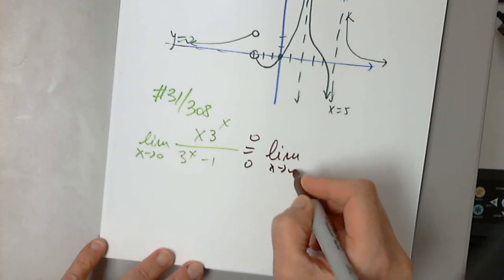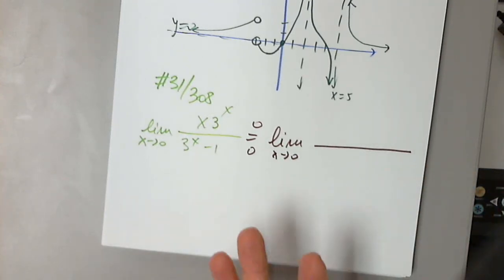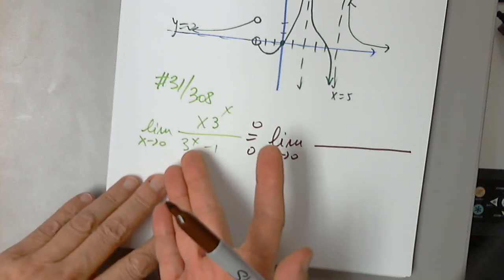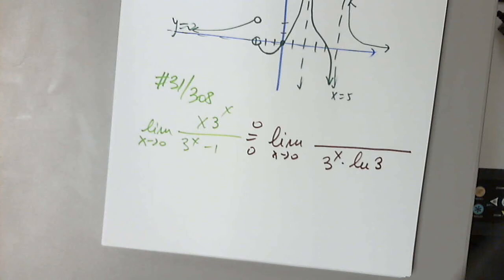So the limit as x approaches 0. Now, careful with the numerator. The denominator is easy. When I differentiate 3 to the x, remember it's 3 to the x times natural log 3. Always refer back to e to the x. When you differentiate e to the x, you don't need natural log e. But if the base is anything else but e, you'll have to remember that natural log. Is that okay?